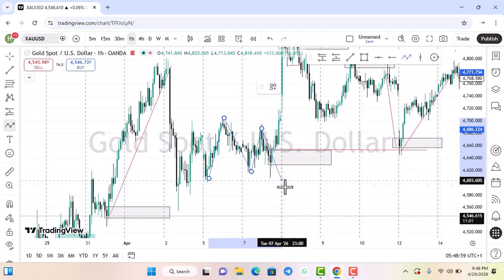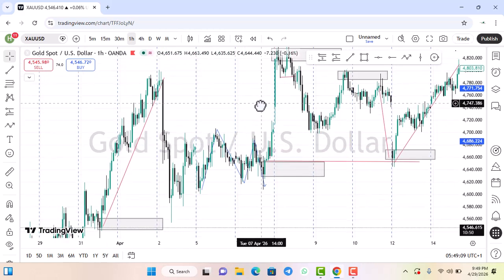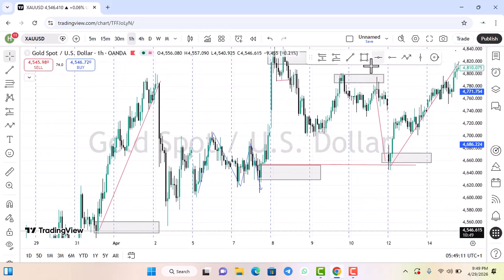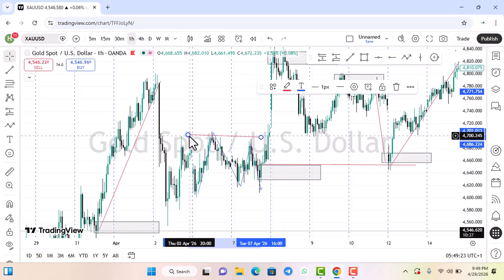We expected it to continue to sell after coming down, but it refused, then later price expanded above what? The recent internal highs. These 3 points that you are seeing here are the recent internal highs.